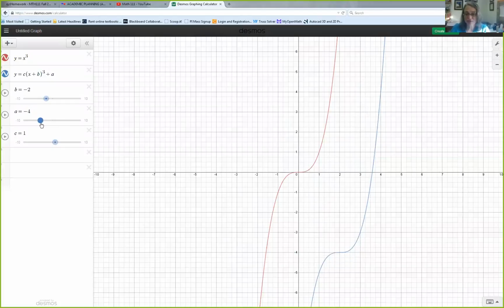So we started with our original, moved to the right 2, and down 4. I'm counting from the point 0, 0 because I know that 0, 0 is on my original function. I also know that 1, 1 is on my original function, so I could count from 1 over 2 and down 4 and get to another point on the function.